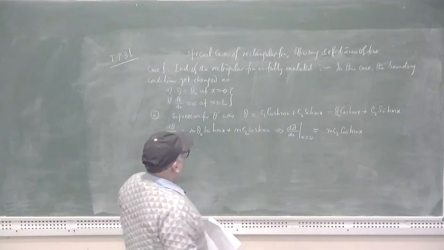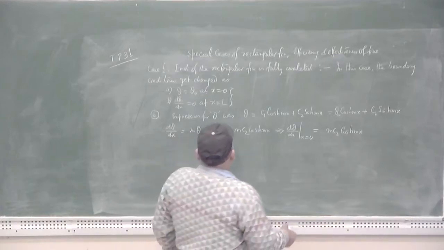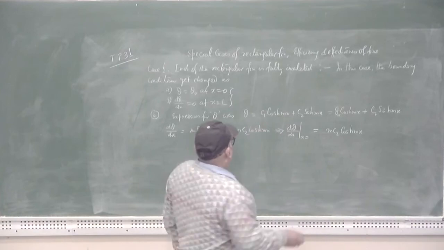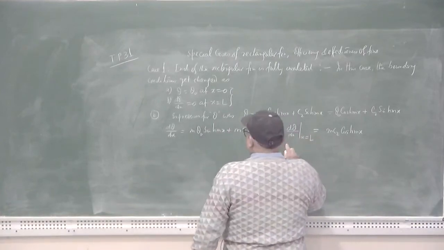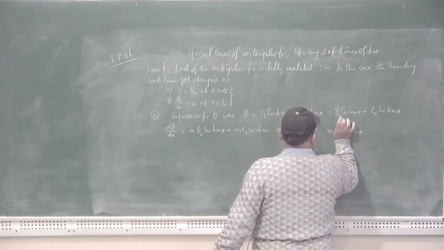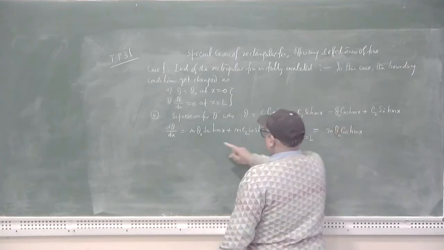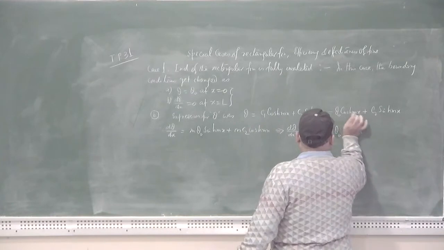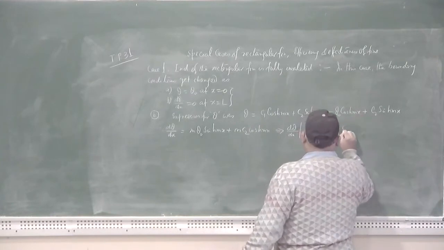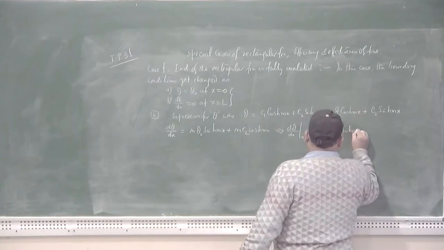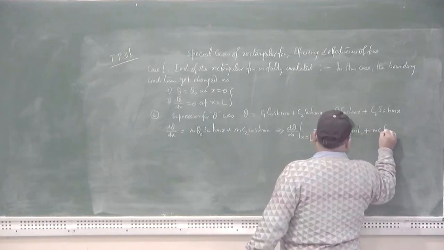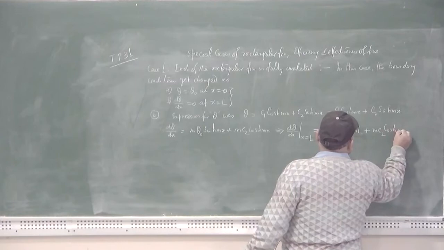Sorry, x is equal to 0 is not needed, x is equal to L needs to be put. So, that will be equal to m theta 0 sinh mL plus m C2 cosh mL.